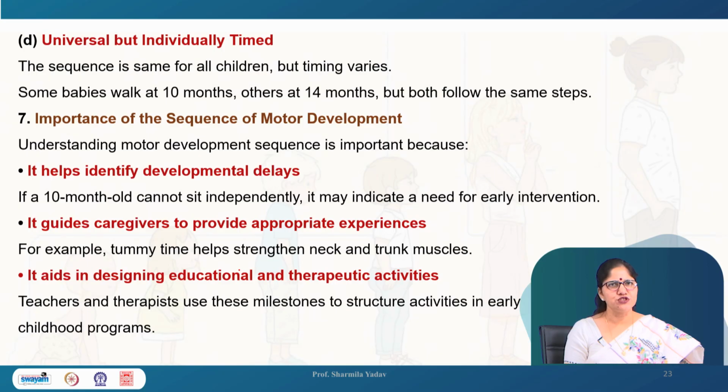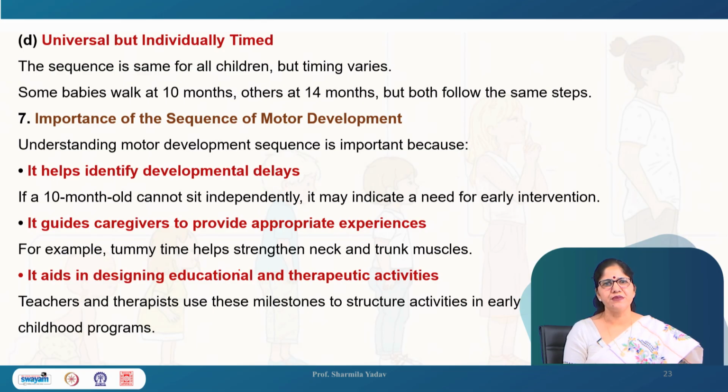Universal but individually timed. The sequence is the same for all children, but timing varies. Some babies walk at 10 months, others at 14 months, but both follow the same steps. Now we will see the importance of the sequence of motor development.